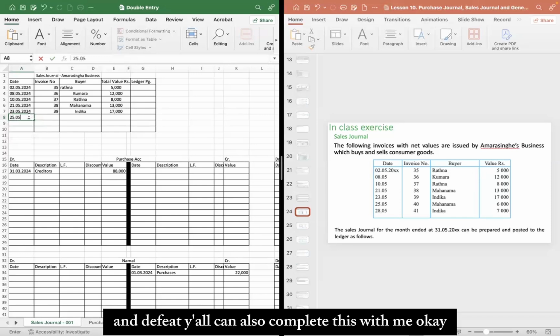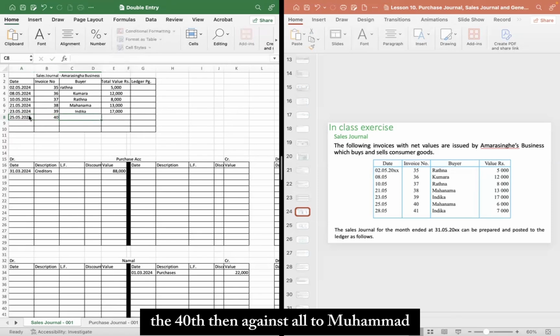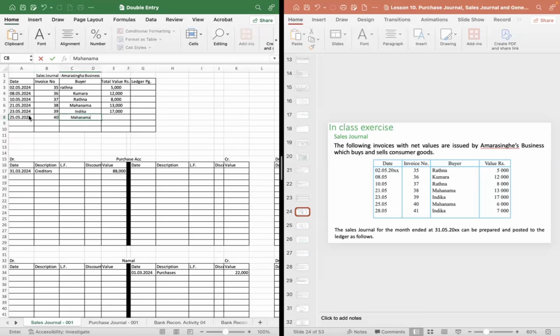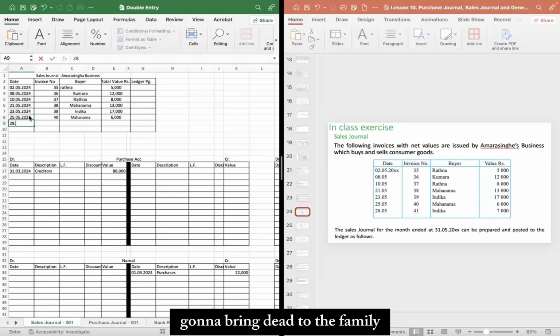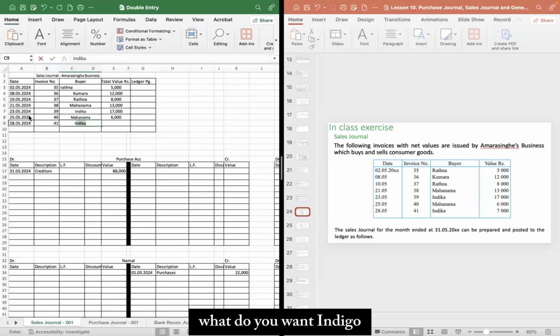25th May. You all can also complete this with me. Then 40th. Then again solve to Mahanam. 6,000. Then 2805. 41 Indica.